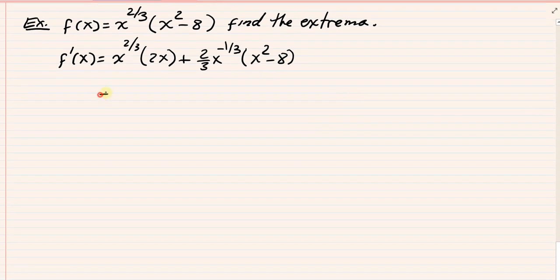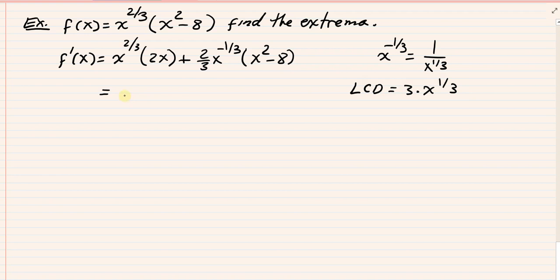Okay, now again we need to simplify this because we need to set it equal to 0 or see whether it's undefined at any point. Now again, remember, x to the negative 1/3 is 1 over x to the 1/3. So the LCD of these two expressions is 3 times x to the 1/3.